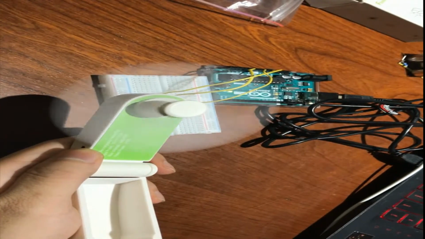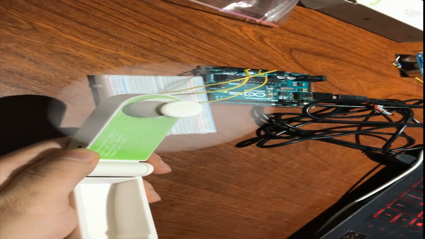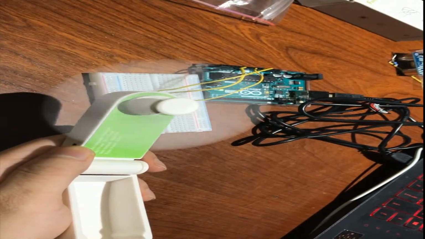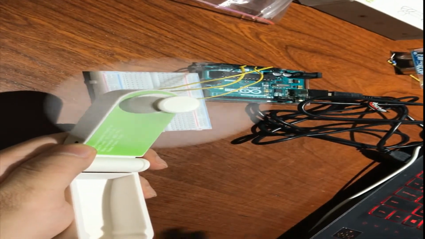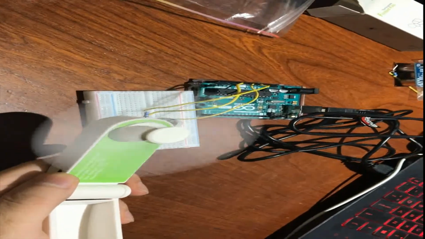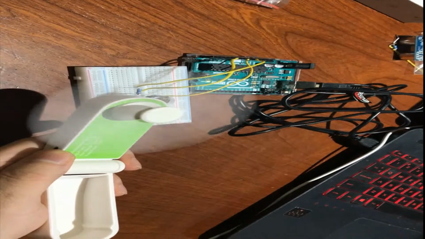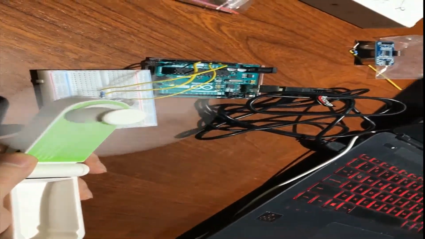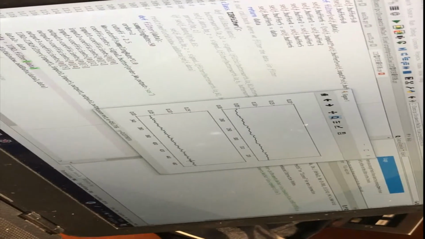Now I'd like to describe the results of our project. Here is our circuit. There is a fan. The light intensity is a certain number. And let me show you the results on my laptop. This figure shows the original wave.